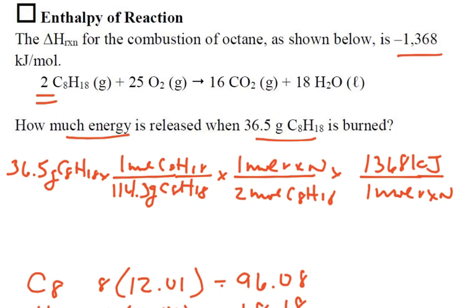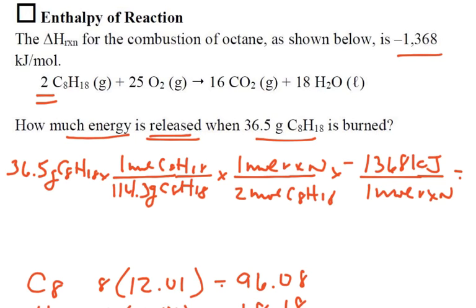Now here's that whole idea about the sign again, that I can put in a negative here and I'll get a negative answer, or they're saying how much energy is released. And so we would actually say, well, a positive amount of energy is released. So we can do it either way.